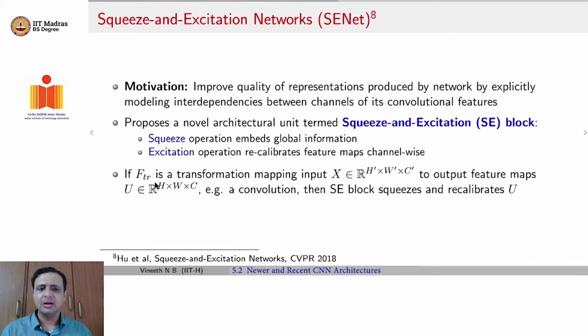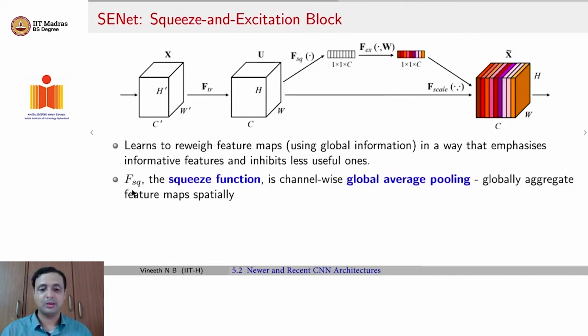To understand it, let's consider an input X, which has H prime cross W prime cross C prime dimensions, and F_tr is a transformation that takes you from X to U, which has dimensions H cross W cross C. The SE block works on U, and the way it works is what is shown in this visual here.